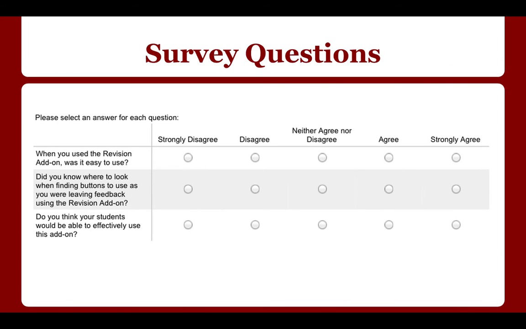The last main set of questions are based on using the revision add-on. So when you used it, was it easy to use? Did you know where to look when finding the buttons to use when you were leaving feedback using the revision add-on? And do you think your students would be able to effectively use this add-on?